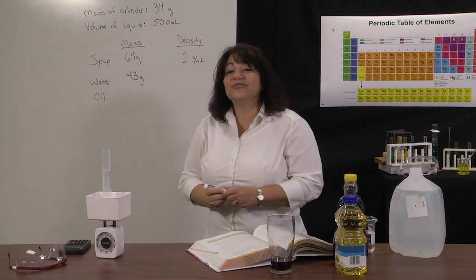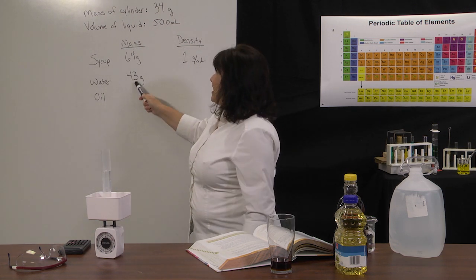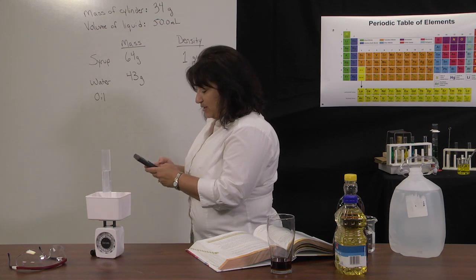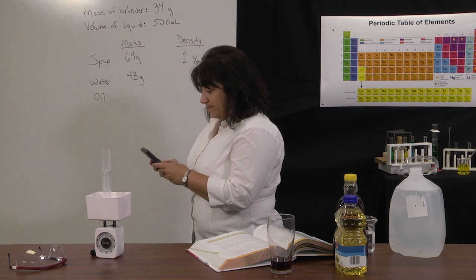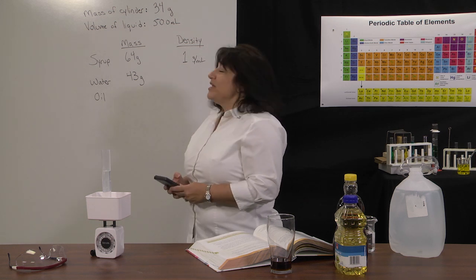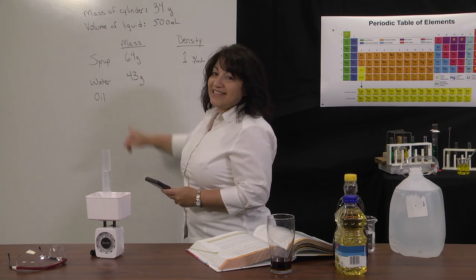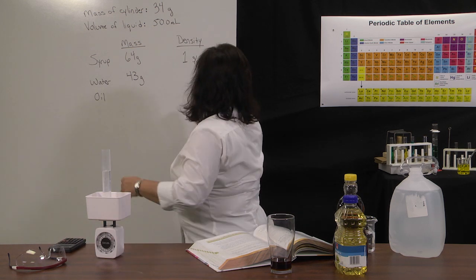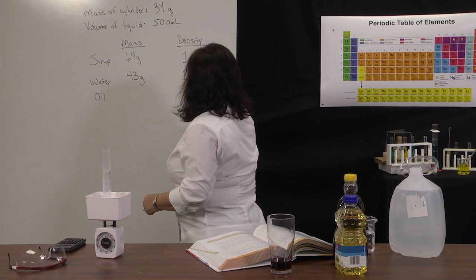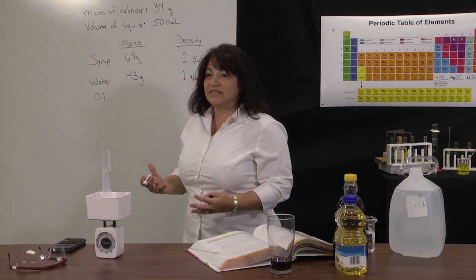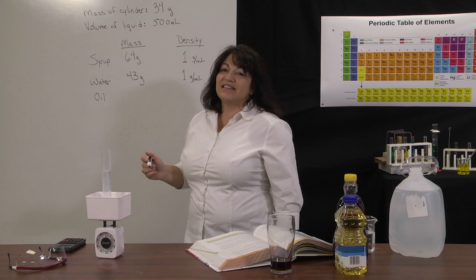Okay, to find the density of the water then, all I need to do is divide the grams by the milliliter measurement. So 43 divided by 50.0, and I get 0.86. But again, remember, we can only measure to the ones place, and so I'm going to round that up to 1. And you see, by having not super precise measurements, we get equal densities of water and syrup.